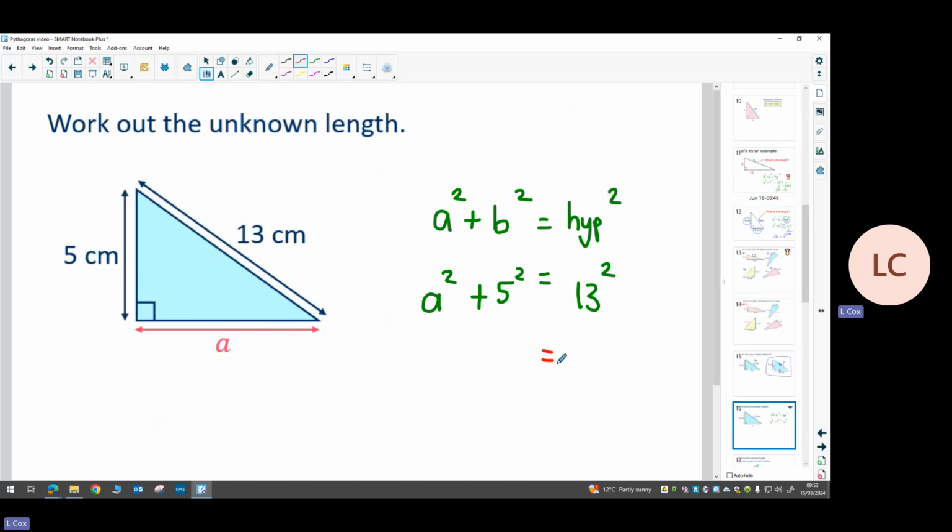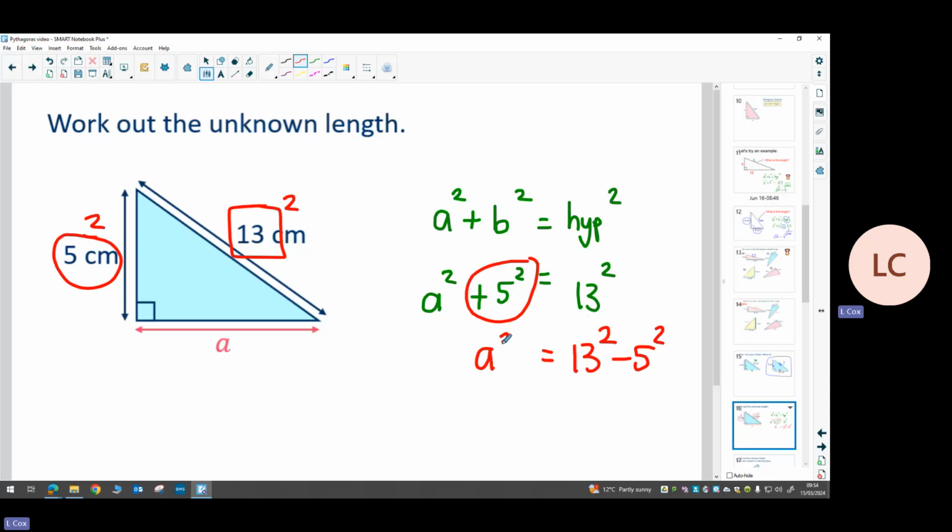We know about solving equations, and if they have added 5, we need to take away 5 squared. So take away 5 squared, I'm going to get 13 squared. So I've just typed in that 13 squared, and I take away the other side squared. Take away 5 squared, and that leaves me with a squared. So all I've done is kind of put that to the other side. So this is what I meant by the takeaway version.